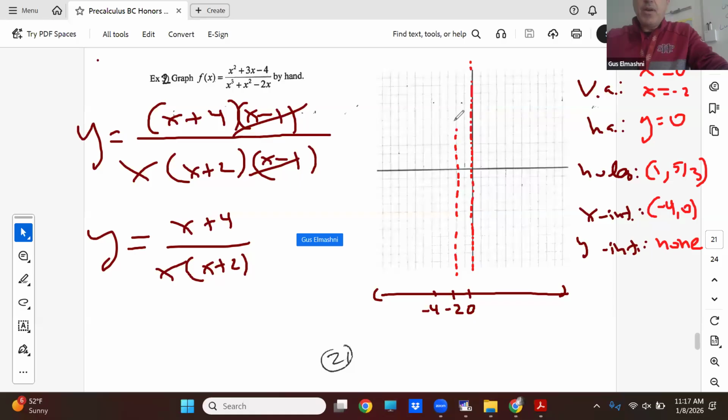Yeah, I went -2 as well. There's a hole at, oh, the horizontal asymptote also. Do you have an x-intercept at -4, 0? By the way, am I crossing my horizontal asymptote?